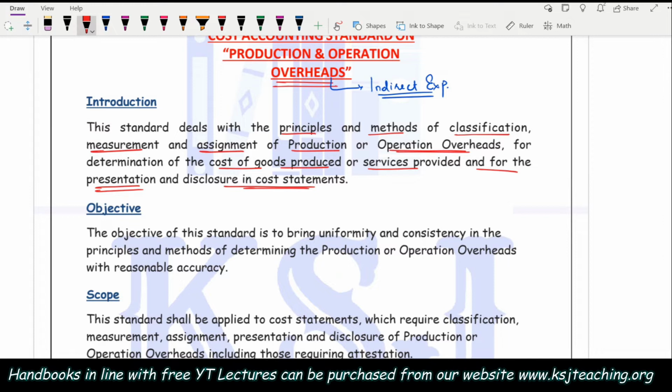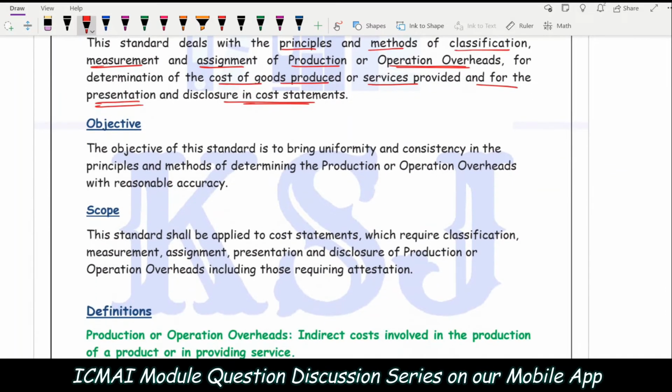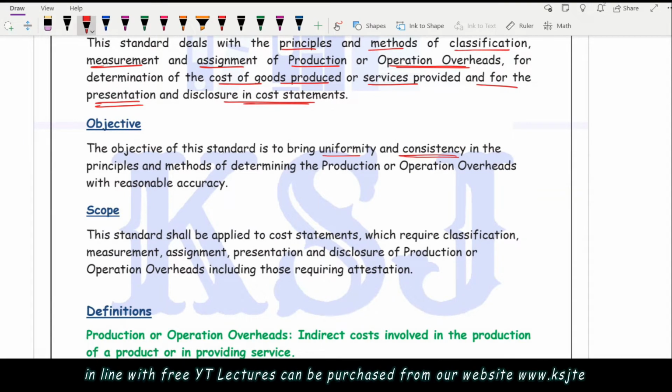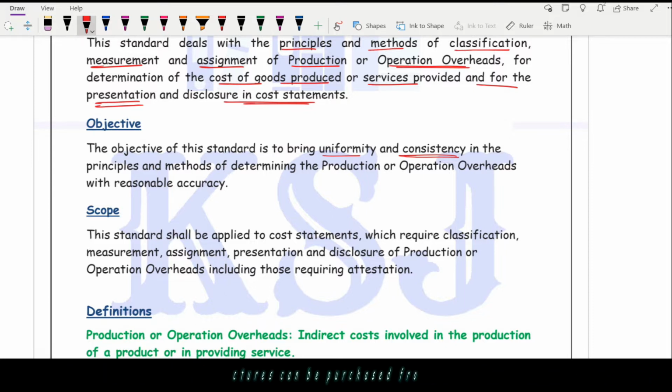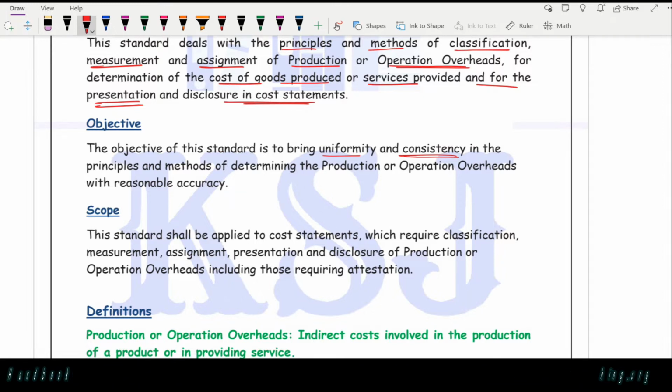The objective of this standard is to bring uniformity and consistency in the principles and methods of determining the production overheads. I can say the basic aim of cost accounting standards is to bring uniformity and consistency in the application of various principles, isn't it?